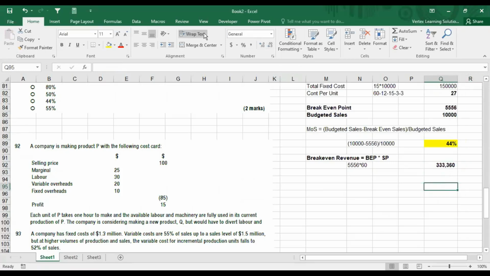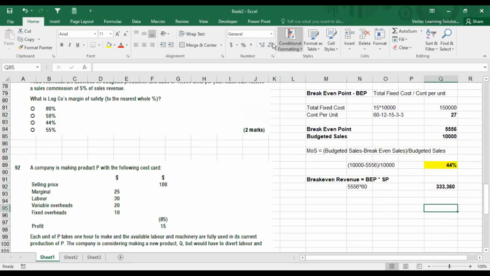Now we have concluded the answer was 44%. Let me tell you what the scenario is. The scenario is that I need to sell 5,556 units to break even, where no profit, no loss. But I am planning to sell 10,000 units, well above my break even. If I sell 5,556 units, my revenue should be $333,000.